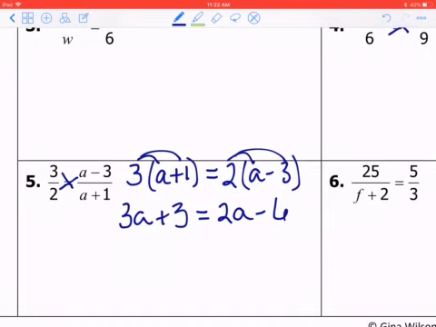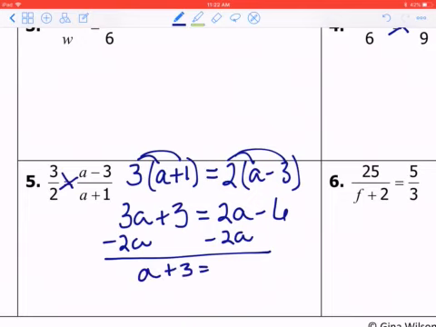Variables on both sides, so I'm going to subtract 2a. 3a subtract 2a is awesome because that just gives you 1a. And now we only have one step left. Subtract 3. Subtract 3. So a equals negative 9.